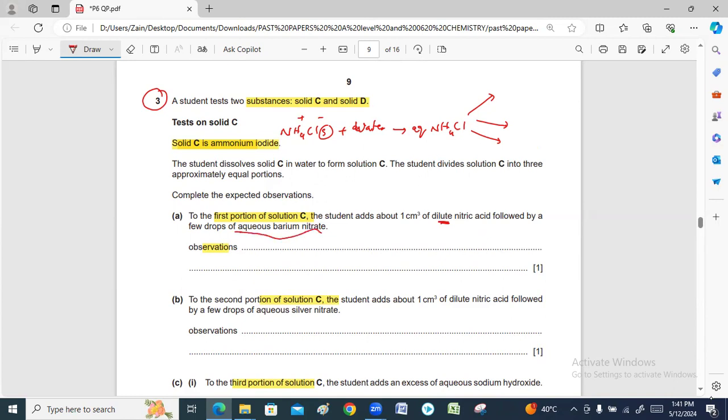If we look at these two reagents, barium nitrate, or we can also use barium chloride as well. Now we have two ions: one is NH4 positive and the second is Cl negative.